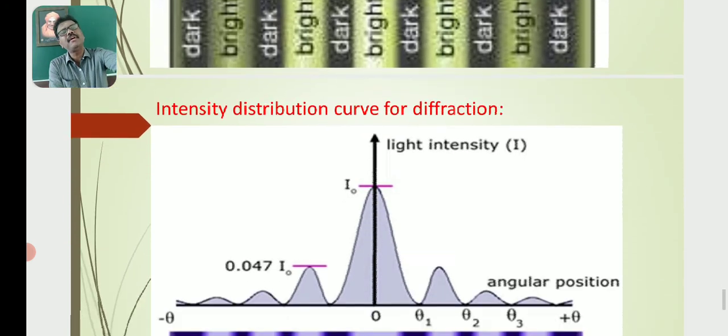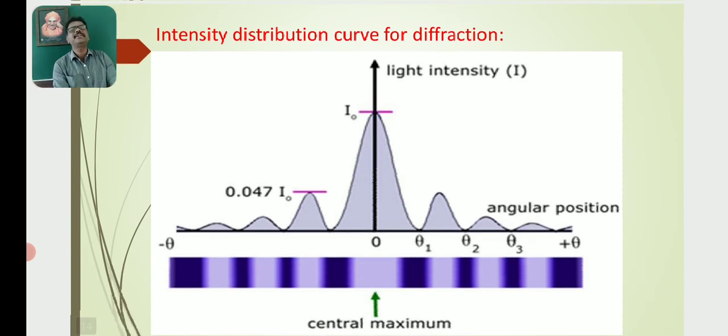Similarly, the intensity distribution curve for diffraction. If you plot a graph of light intensity versus angular position, you see the diagram. The central band has maximum intensity, and the secondary minima and maxima are formed on either side of the primary maximum.